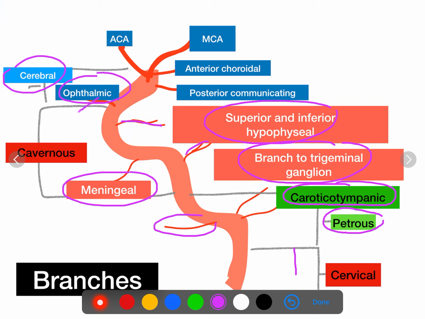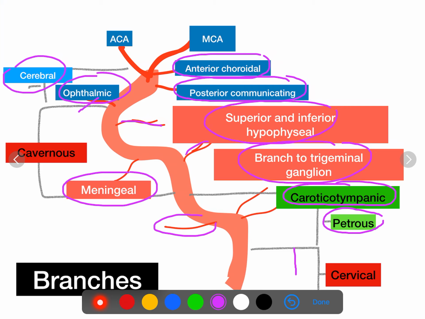Now the other branches are the posterior communicating artery. The posterior communicating artery passes posteromedially and joins with the proximal part of the posterior cerebral artery, which is a branch of the basilar artery. There is the anterior choroidal artery. This anterior choroidal artery passes backwards along the optic tract and enters the inferior horn of the lateral ventricle through the choroid fissure.